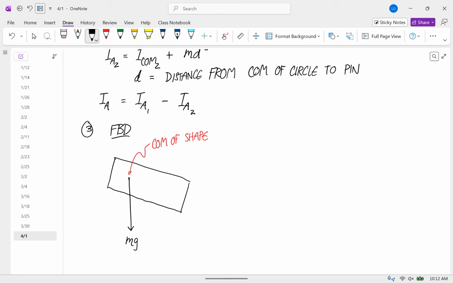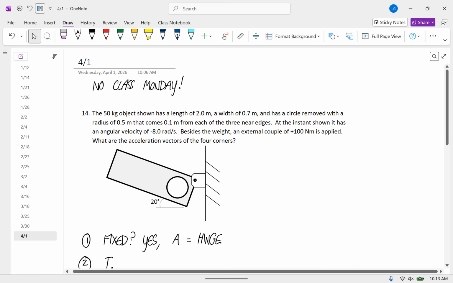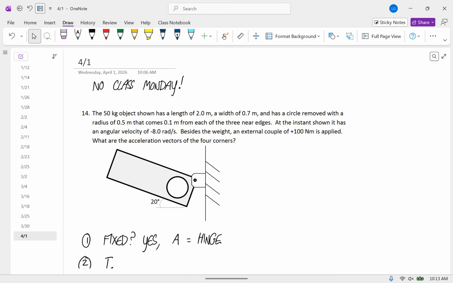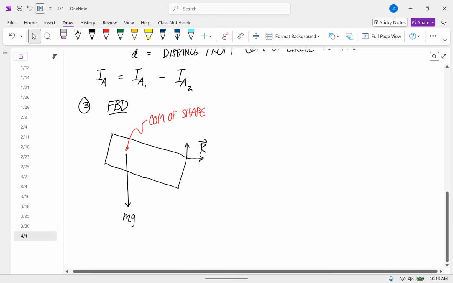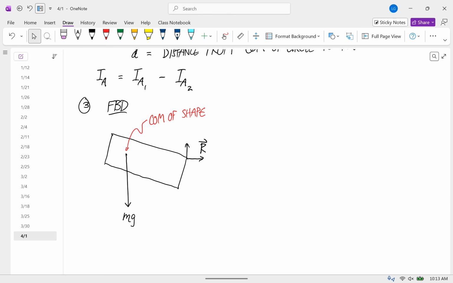And then you have a reaction force due to the pin. I'll call that R. And then it says, besides the weight, there's an external couple of 100 Newton meters applied. Well, it doesn't matter where you put this. The location of a couple doesn't affect anything on a rigid body. It's probably going to be applied here, so I would tend to draw it there, but it doesn't change the problem to draw it somewhere else. So this is 100 Newton meters.